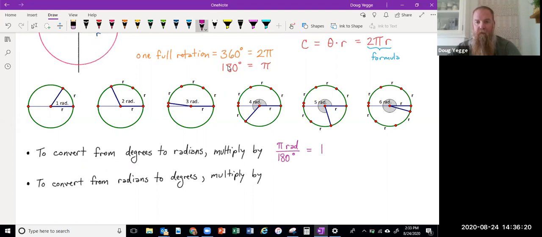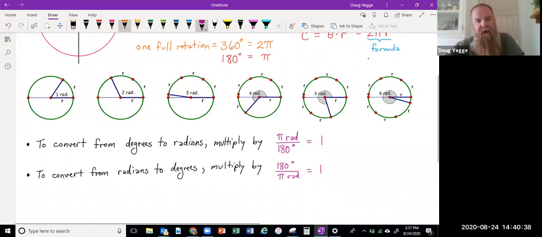Pi radians over 180 degrees is the value of just the real number 1, because these are actually the same thing. So if we want to convert from radians to degrees, we're just simply going to multiply by 180 degrees over pi radians, which of course is also equal to 1. So this conversion factor will allow us to convert back and forth between the two units.